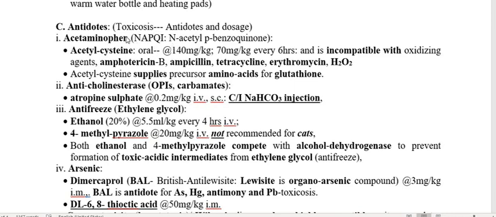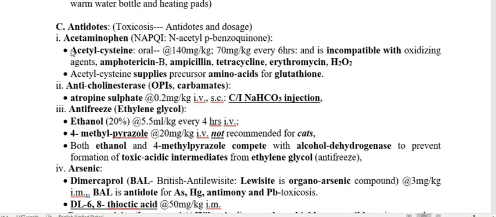So for the toxicity of paracetamol or acetaminophen, we give a therapeutic agent that provides the compound which helps to raise the antioxidant glutathione.